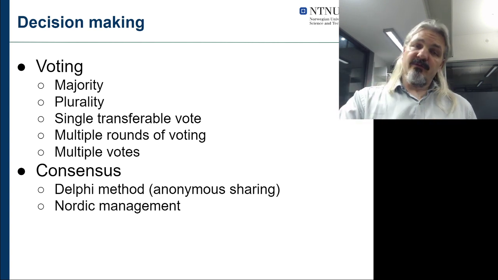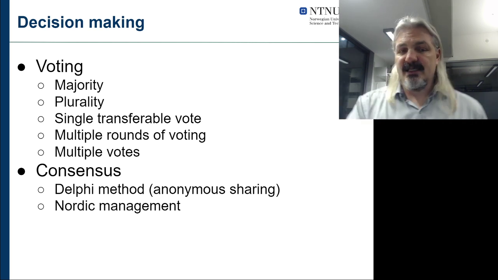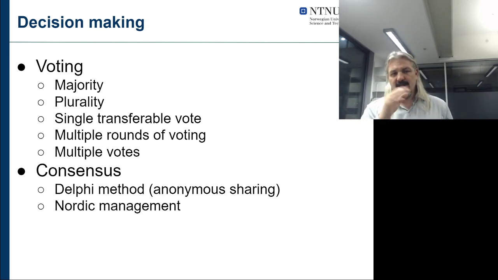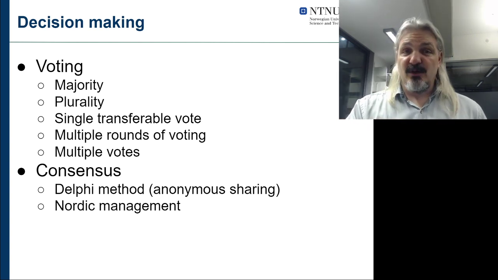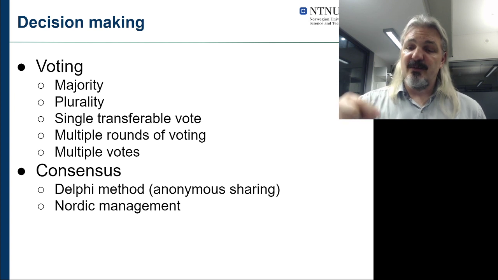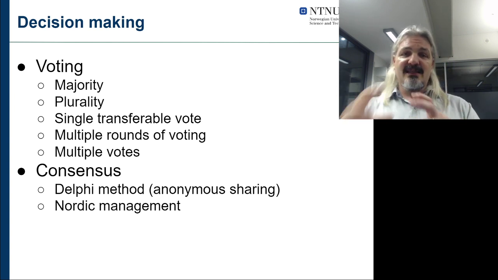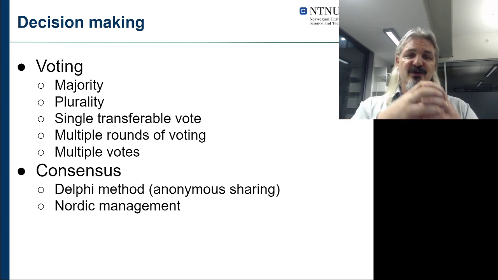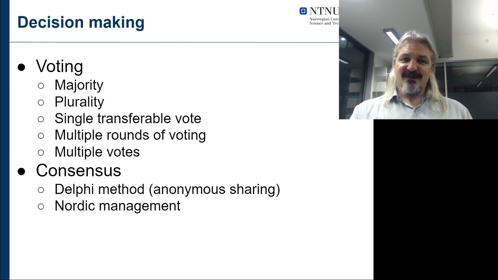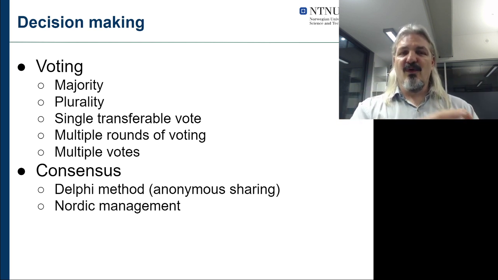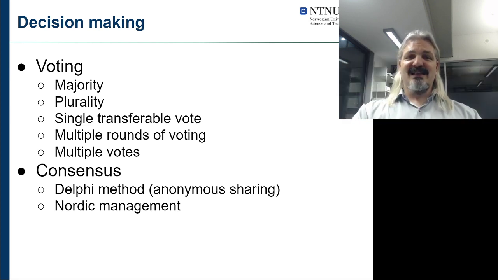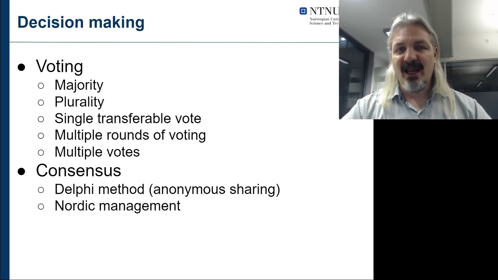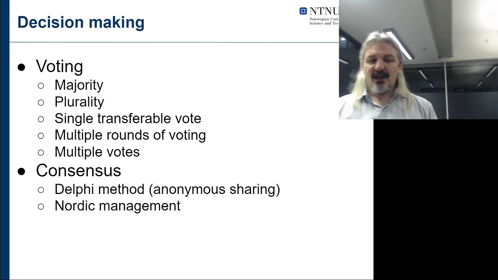There are also, rather than voting, consensus ideas you can work on. There are a couple of these. The Delphi method is where you send out information to experts, you get the experts to send you back information, and you collect that all anonymously into new information, with a potential decision of what you think is the best option. You then give that back out to everybody, and they anonymously give feedback until you work through to find a consensus idea.